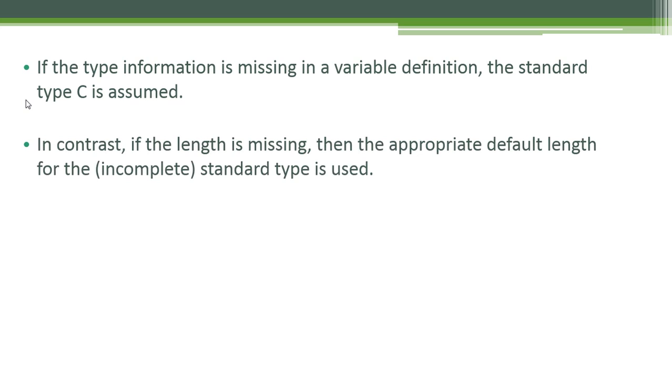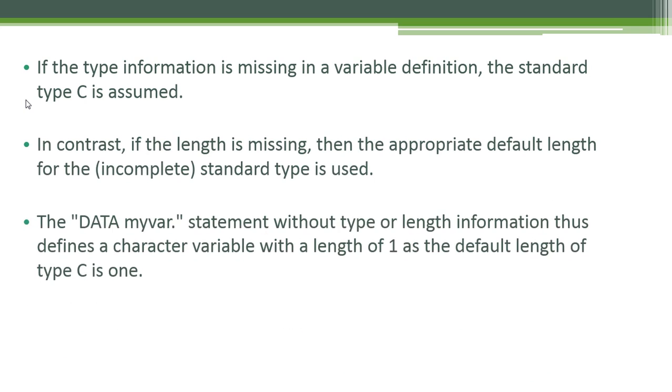In contrast, if the length is missing, then the appropriate default length for the incomplete standard type is used. The data myBar statement without type or length information defines a character variable with a length of 1 as the default length of type C is 1.